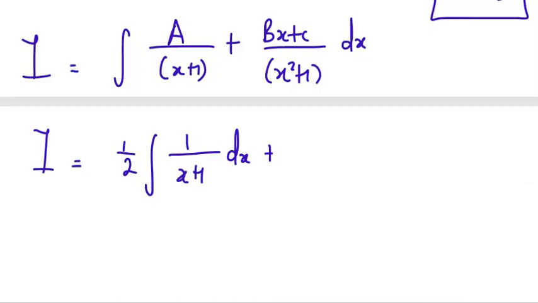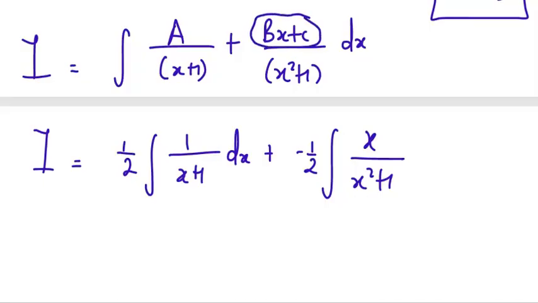Sorry for that. So b equals negative 1 by 2. We can take the negative 1 by 2 outside, and we have x divided by x squared plus 1. Remember, we need to split this, right? And c equals 1 by 2. Put dx and the value of c outside, and we're left with 1 by x squared plus 1, and then dx.